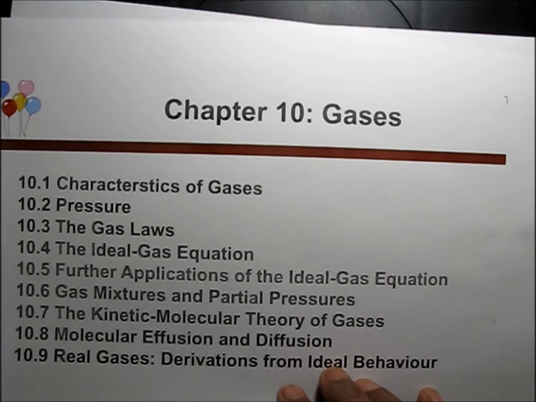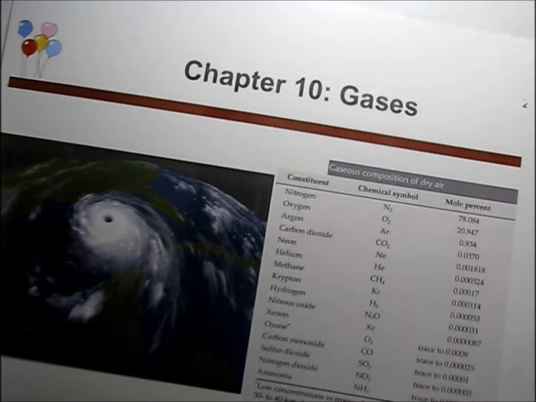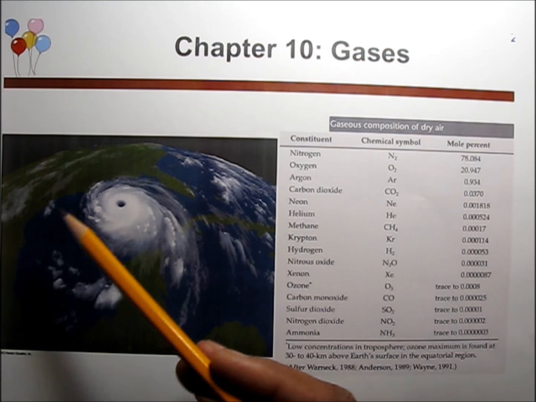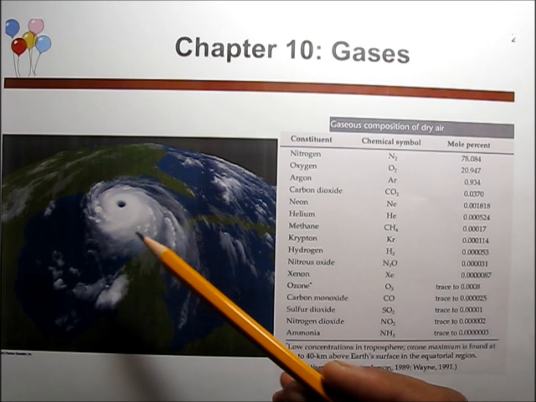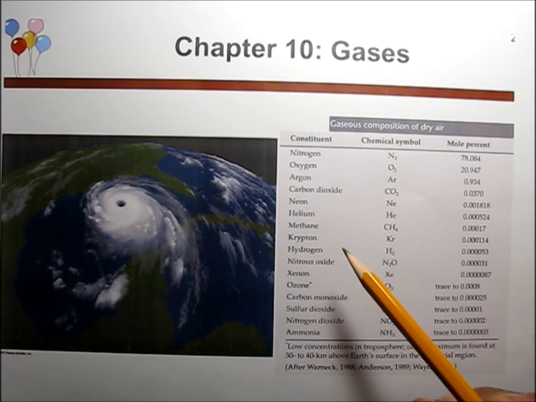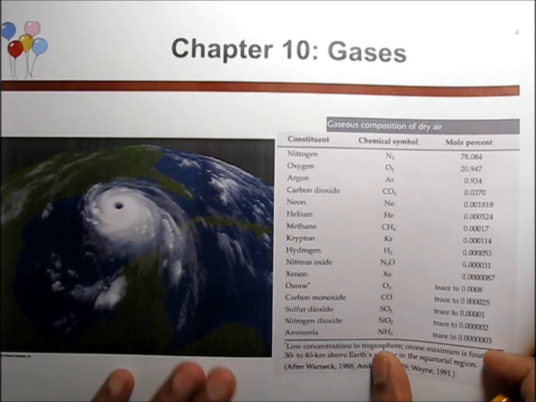So let's start. What about gases and their properties? Basically, this picture shows that our Earth is covered by gases, and the air is a mixture of several gases in very different compositions.